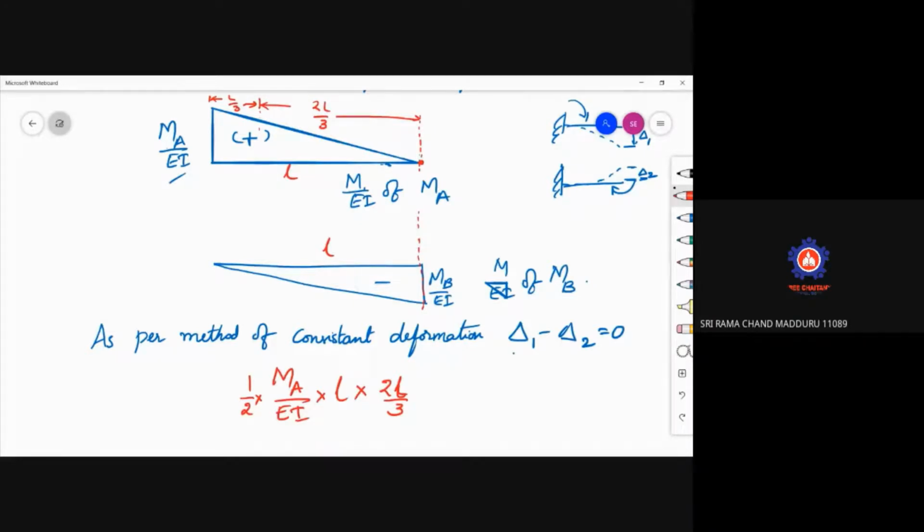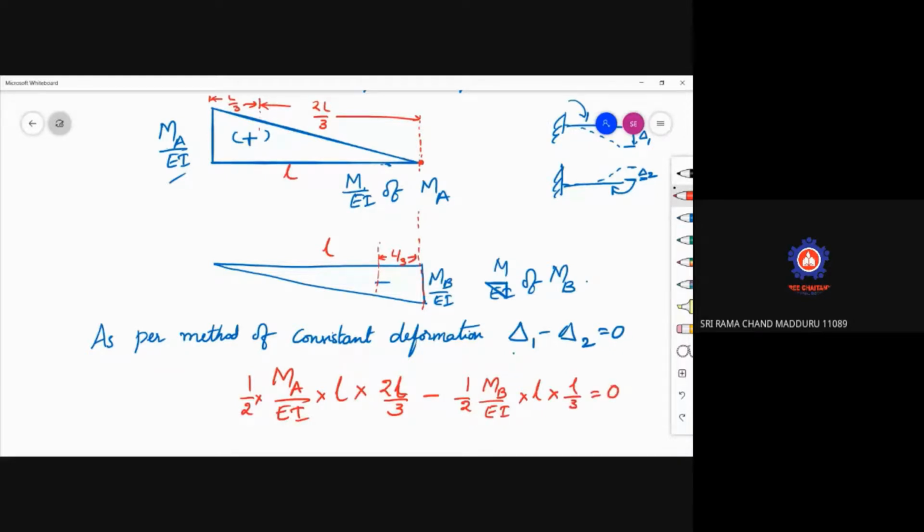Half MA by EI into L into 2L by 3. Now coming to the other end, this will be minus. Now you are taking moment about this one. So this will be half, triangle MB by EI into L into, for this triangle, the CG will be lying here, L by 3, is equal to 0.